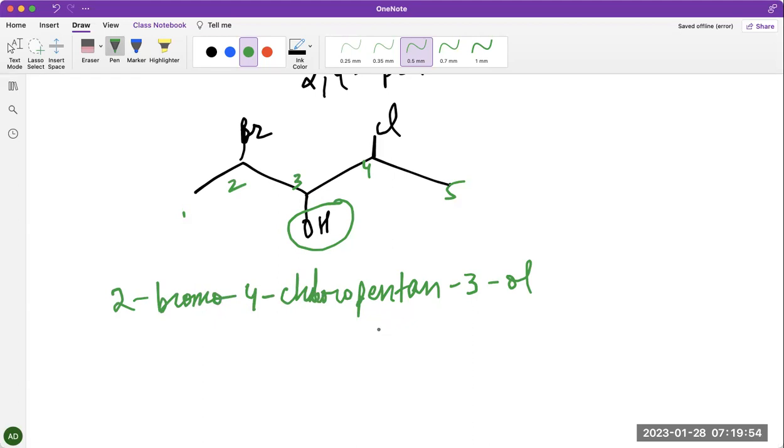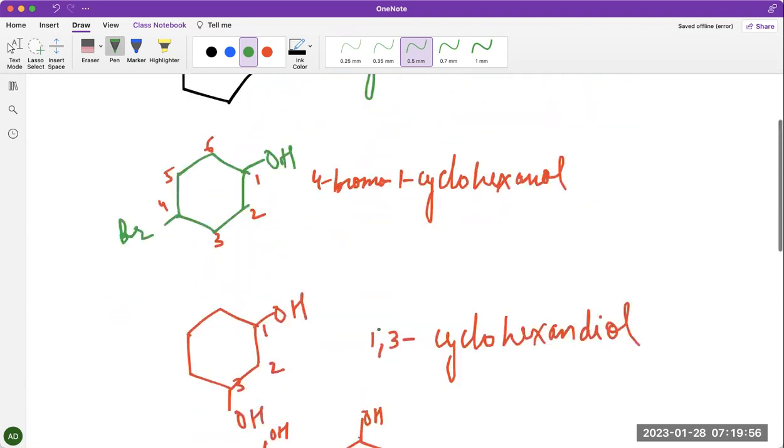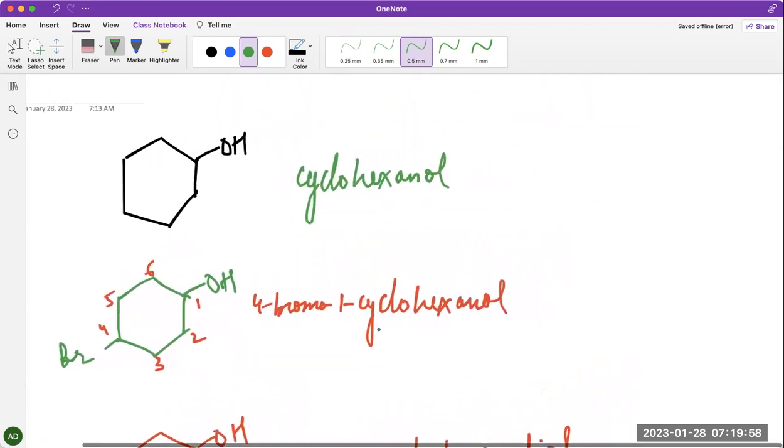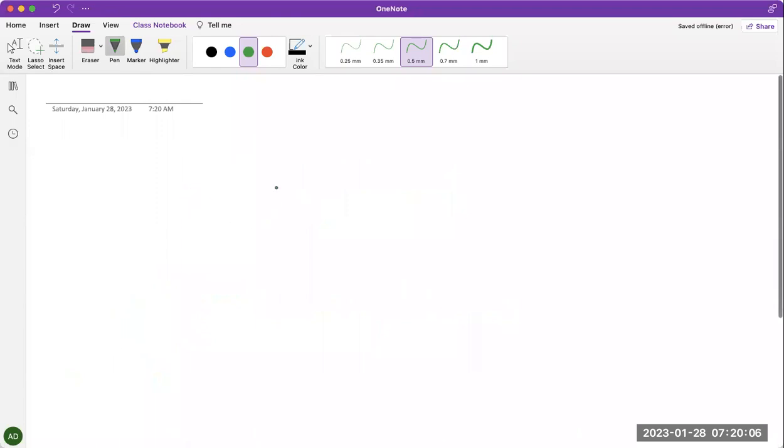Okay, now I wanted to discuss examples similar to these cyclic structures. These cyclic structures do not have a double bond, but there are alcohols which have a cyclic structure like cyclohexane. But there are special molecules that have alternating double bonds.